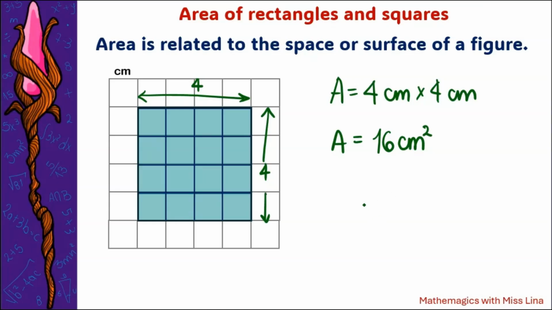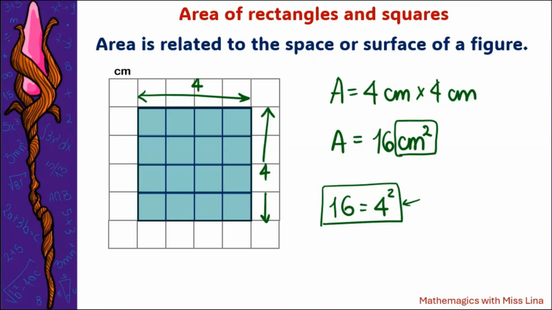If you know a little bit about exponents, you are going to realize that 16 is the same as 4 squared. That's why it's called squared, because we can form a square when you multiply the same dimensions on both sides. If you don't know about exponents, don't worry about this. Just remember that you represent square centimeters like this.